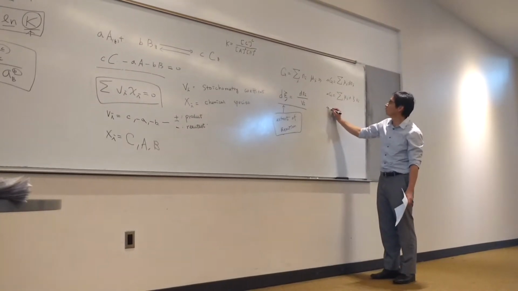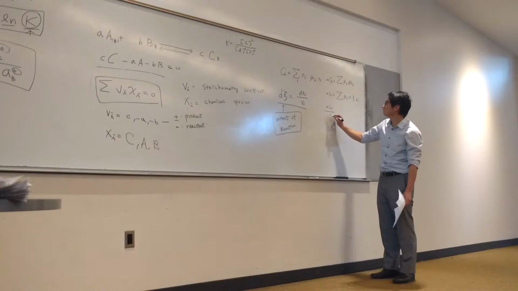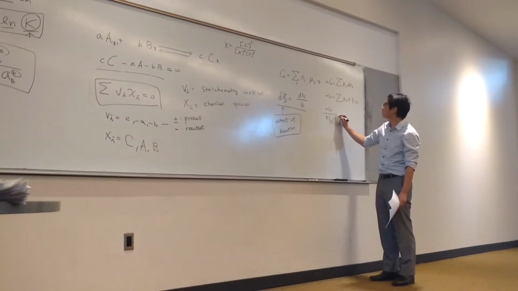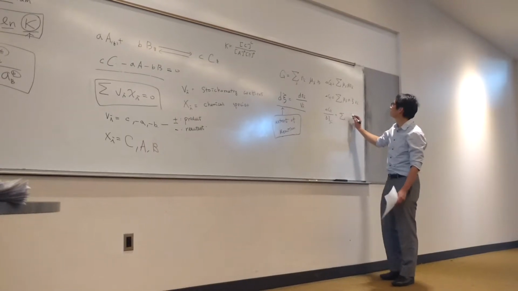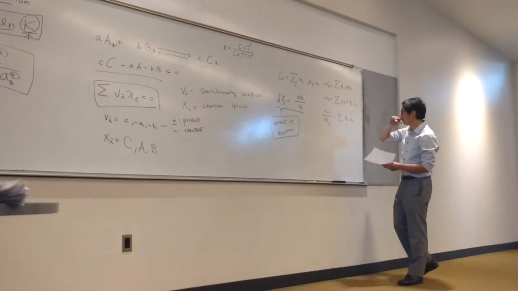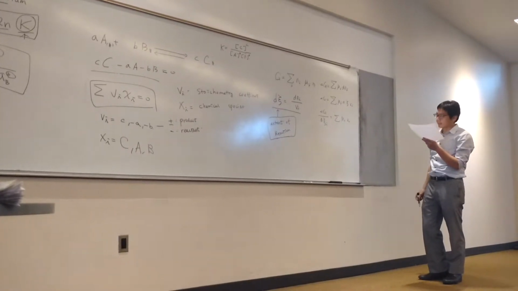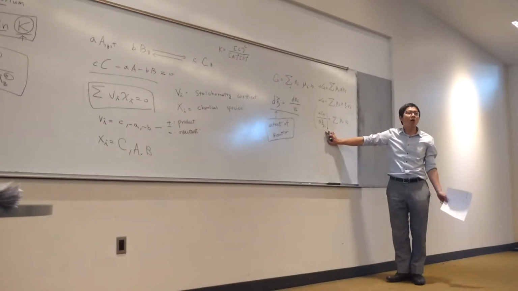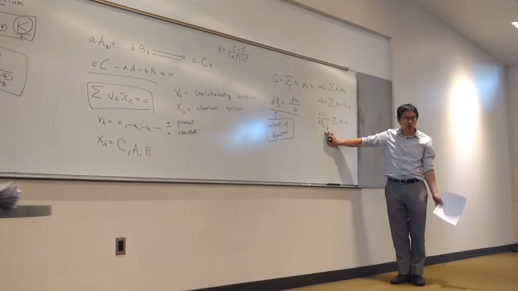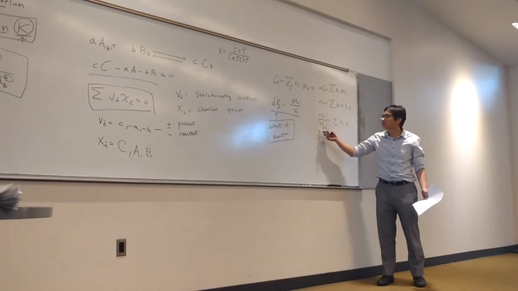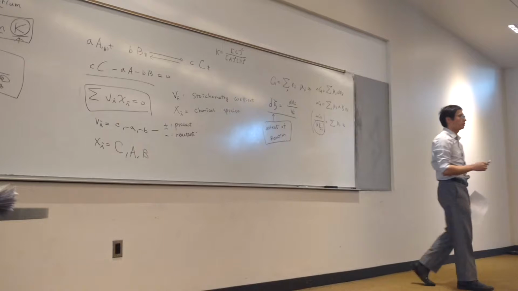Therefore, you can define a quantity delta G over d epsilon, which is going to equal the summation of mu i times v i. So what does this mean? This means how the delta G is going to change when your reaction proceeds, because the bottom one represents how complete the reaction is, right?